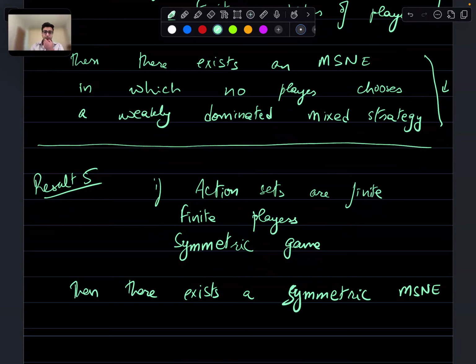Okay. And we know what a symmetric mixed strategy Nash equilibrium is because I just defined it.